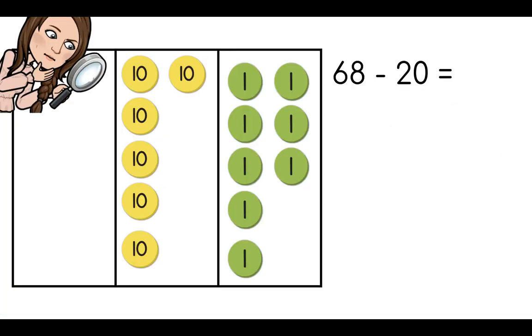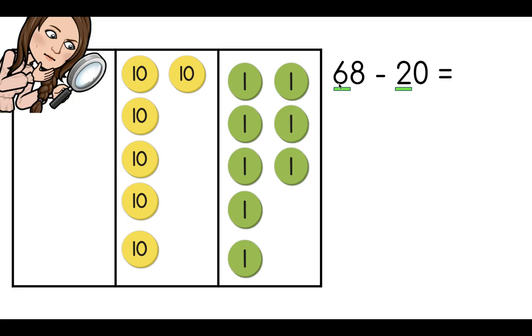Let's take a closer look at my place value chart, and this time we're going to try subtracting. I have the number 68 represented on our place value chart. I want to subtract or remove two groups of 10, which is 20. 68 subtract 20. We can look at the number in our tens place value spot. 68 has 6 tens, 20 is 2 tens.